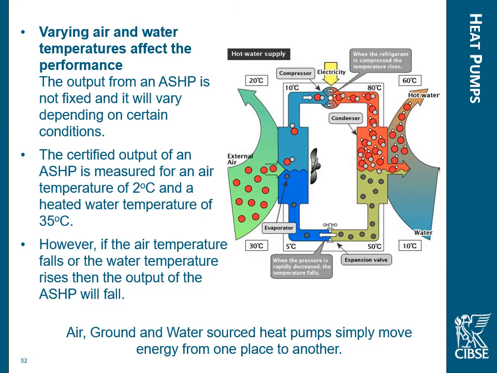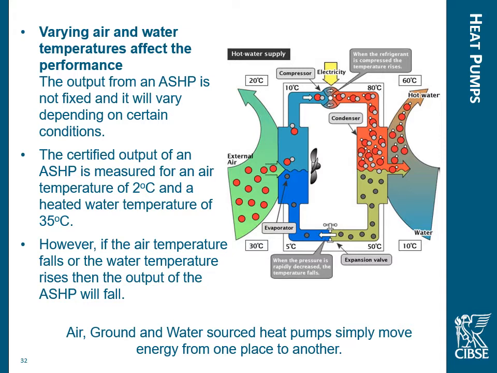The output from the air source heat pump is not fixed and will vary in certain conditions. Basically, they will work for an outside temperature as low as 2 degrees centigrade, and I think we can manage with that in this country.